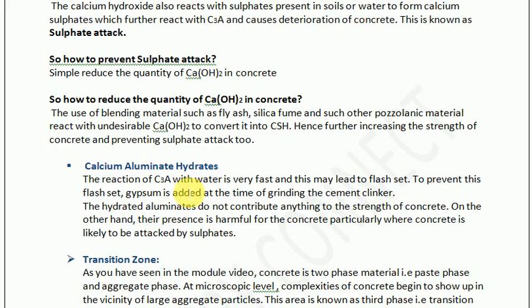So the presence of tricalcium aluminate is actually not very good for the concrete or the cement because it promotes the sulfate attack. So removing this calcium hydroxide also helps us kill the opportunity for C3A to do the sulfate attack. But still gypsum is very much required in the cement because it prevents the flash setting or the quick setting of the cement.